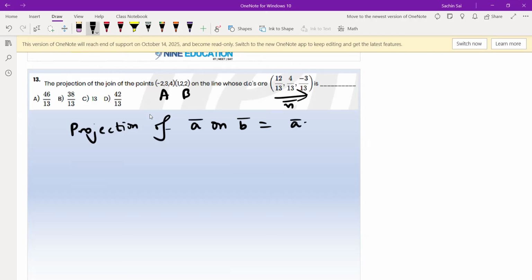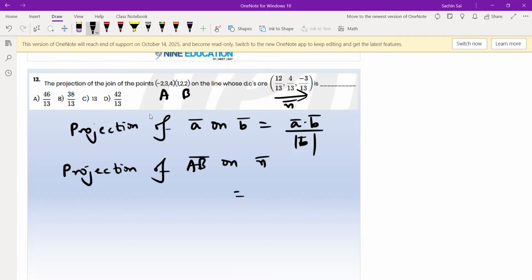We discussed this in the previous question. This is nothing but A dot B by mod B. This is the scalar projection. In the earlier question, we discussed the vector projection. So here I want the projection of AB bar on N bar. So what do I need to find? I need to find AB bar dot N bar by modulus N bar. All the required information is given so that you can calculate AB bar, and from there you can find AB dot N and divide it by modulus N.